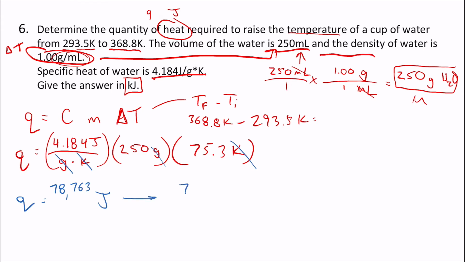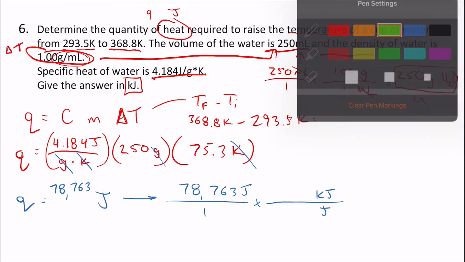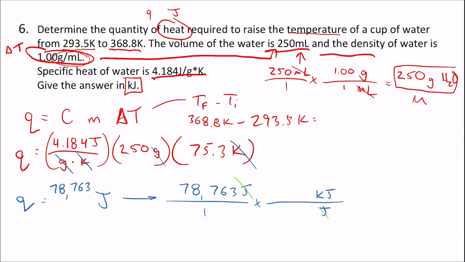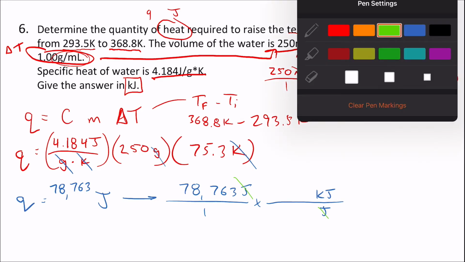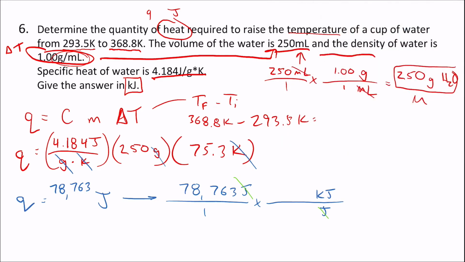Now, in the problem, they asked you to change that to kilojoules. So, what's the conversion factor? Well, let's figure it out. So there's our joules. Joules is going to go on the bottom. Kilojoules is going to go on the top. And the reason is so that joules can cancel out, right? We want these to cancel out. Now, what's the conversion factor between joules and kilojoules? Yeah, exactly.